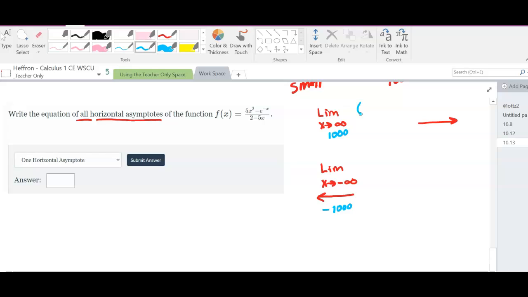So on my calculator, I'm going to try 5 times 1000 squared minus e to the negative 1000, all over 2 minus 5 times 1000.